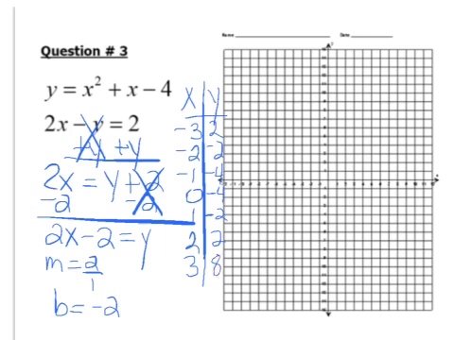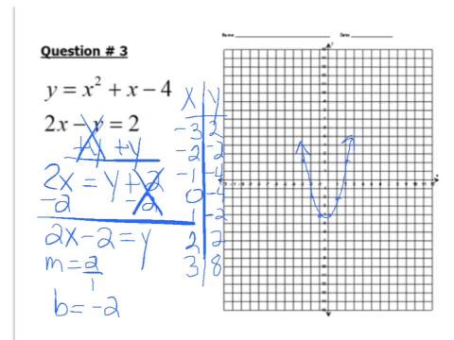So if I plot all of these points, and I graph my parabola, it dips just below negative 4 and comes back up. So I don't actually have a vertex at a whole number. It would be a decimal or a fraction.